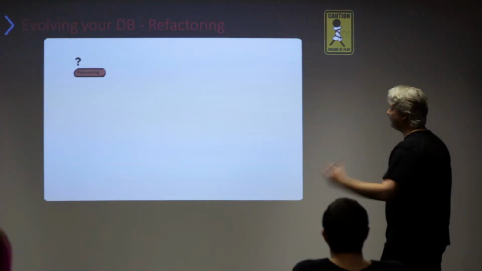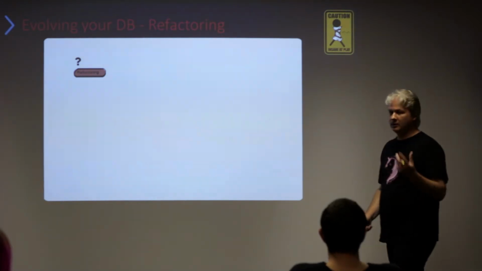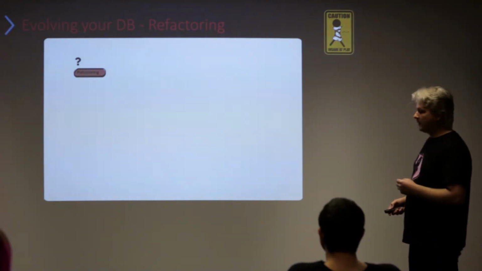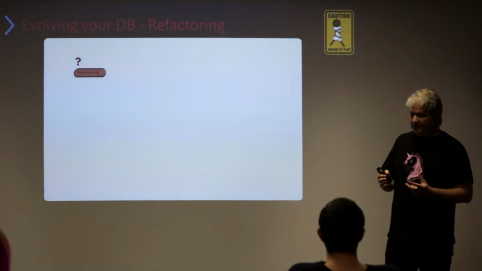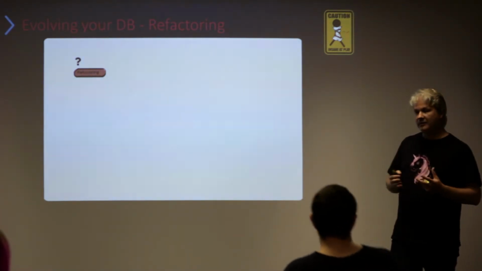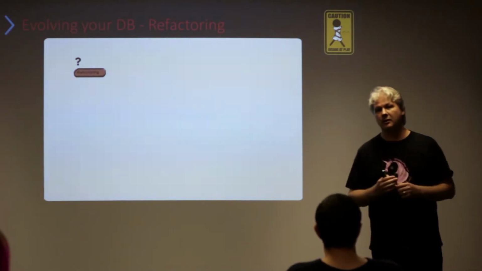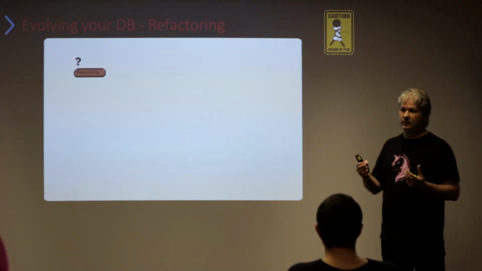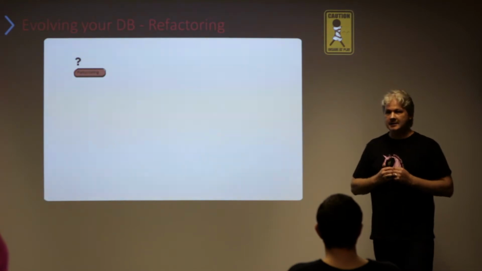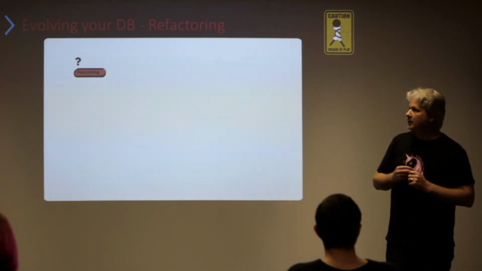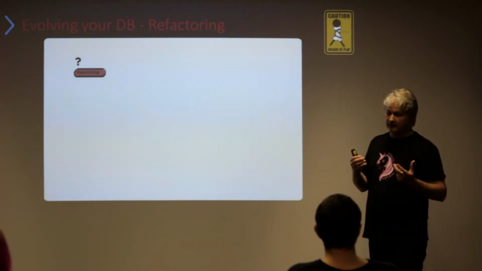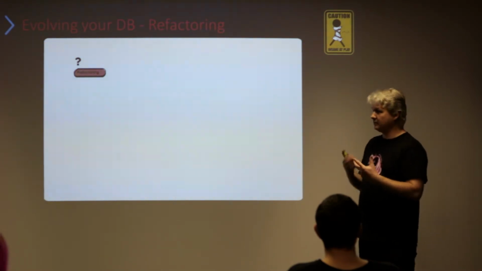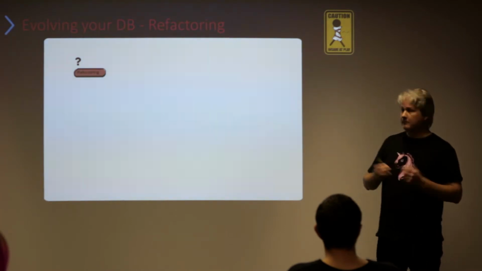Well, in order to evolve something, we need to talk about this concept of refactoring. But before we start looking at refactoring in the database realm, we need to consider how it differs slightly from refactoring in the code base. Because in a normal code base, we write a unit test, have some code that's been covered by that unit test, and then we find that we don't like what that thing does, or we have to change it because it's doing something in a suboptimal way.